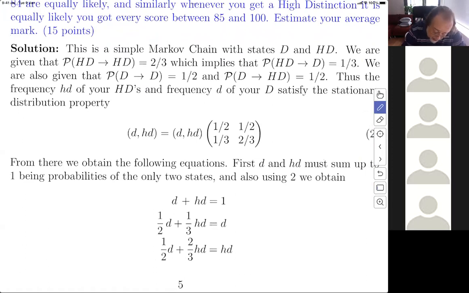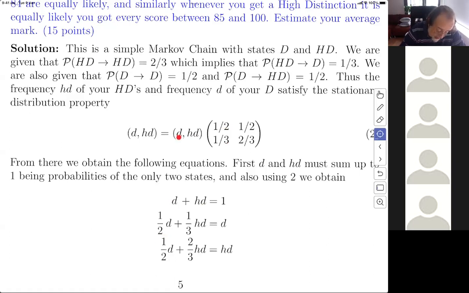First of all, because you either get a distinction or high distinction, D plus HD is equal to 1, right? The probabilities of only 2 possible states must add up to 1. And then you have that D times 1/2 plus HD times 1/3 is equal to D, right? Here it is.